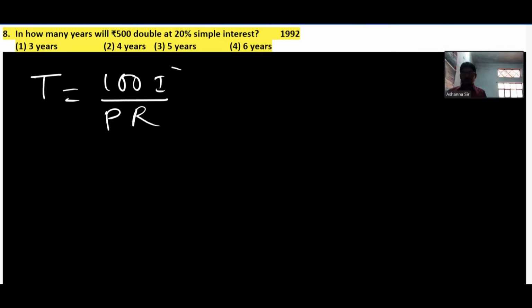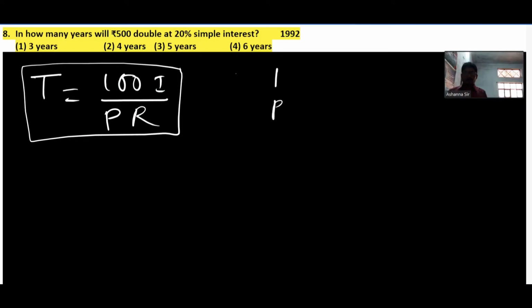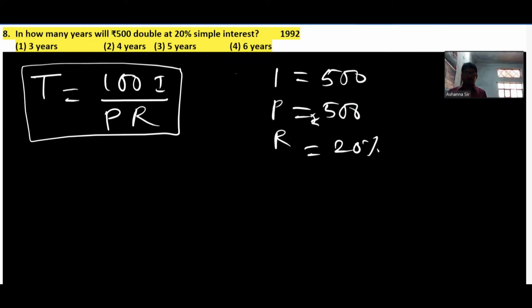So this is the formula for finding time if interest, P, and R are given. In how many years will 500 rupees double means interest is also 500, rate of interest 20% given.